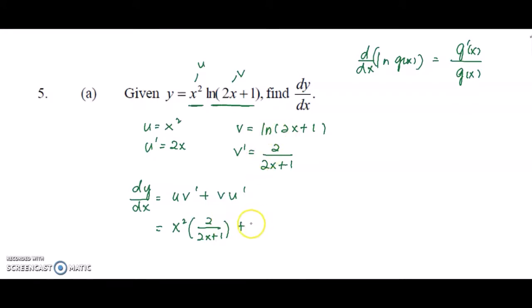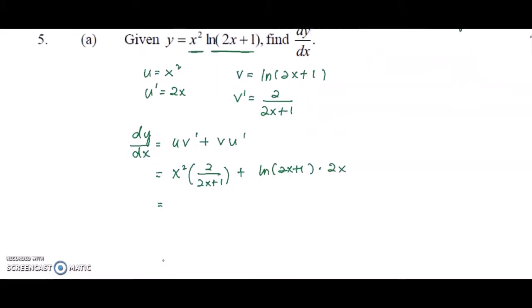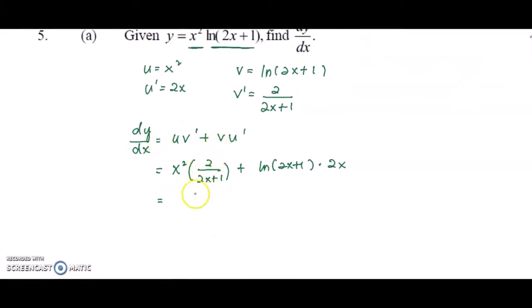Plus, copy down your v. And put in your u prime, that will be the 2x. Alright, then you simplify. You can simplify by writing this first term into 2x squared over 2x plus 1 plus 2x.